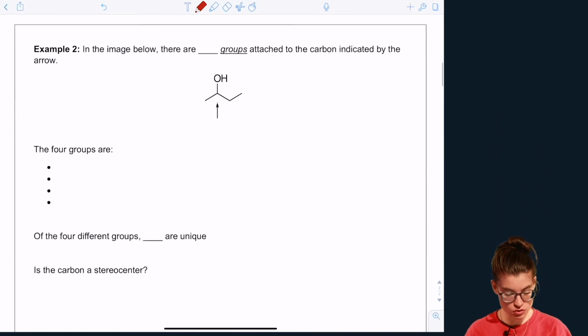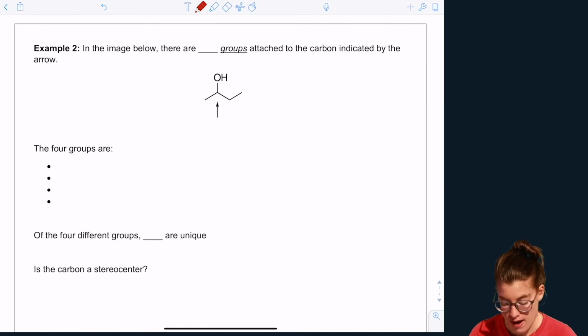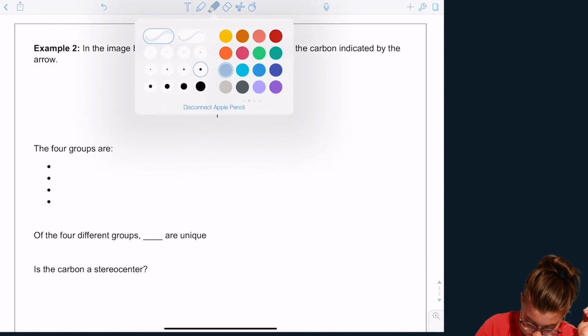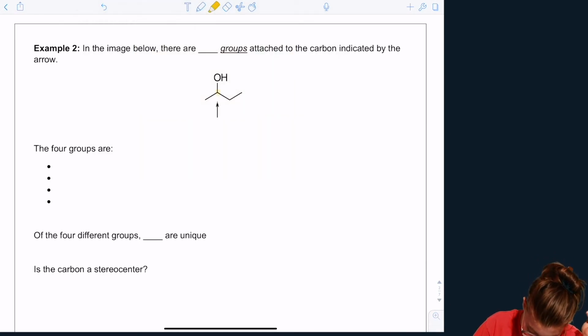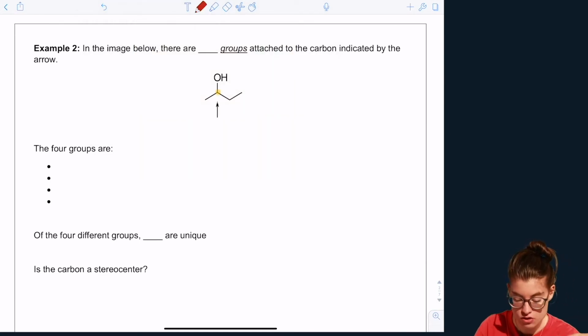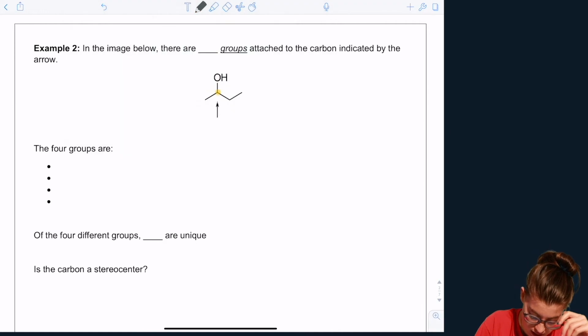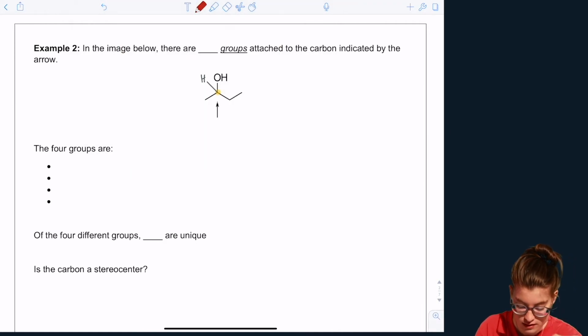All right, example 2. In the image below, how many groups are attached to the carbon indicated by the arrow? Again, it's a normal tetrahedral carbon, and it has an invisible hydrogen here, which means that this carbon does have 4 groups attached to it. What are these 4 groups?